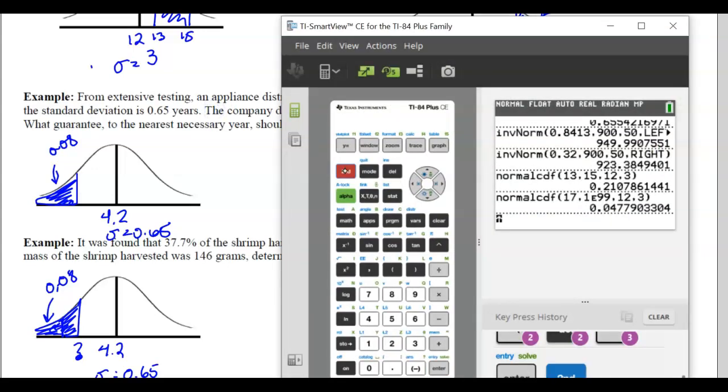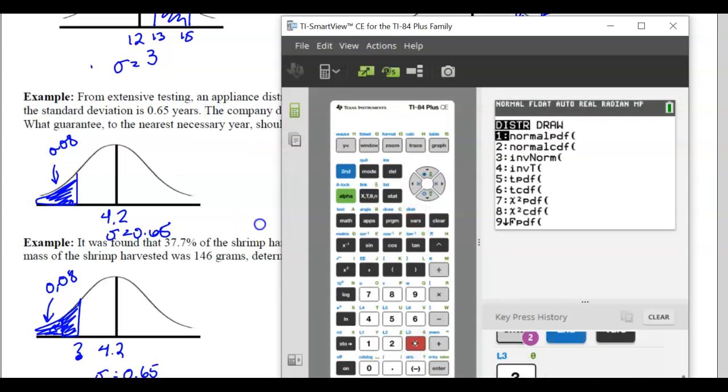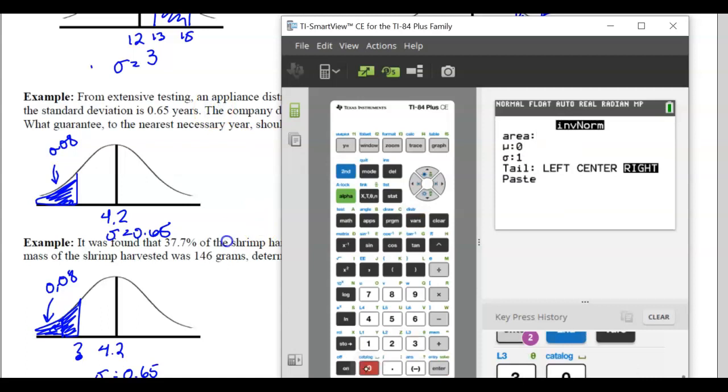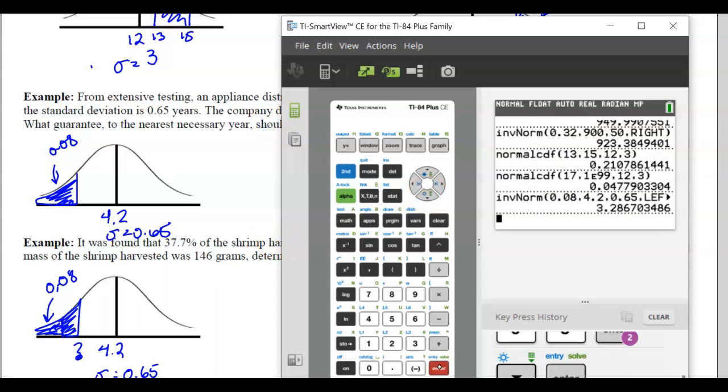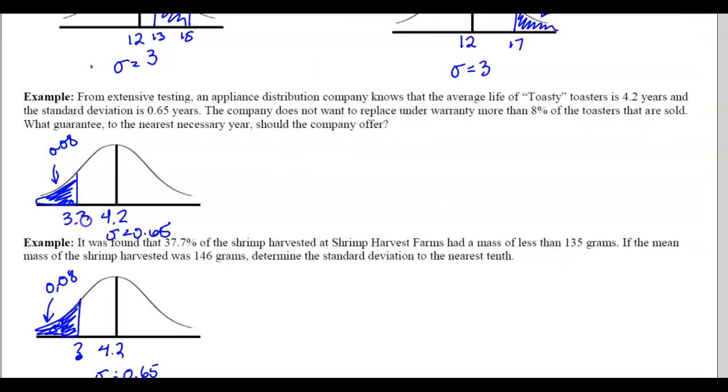So second, distribution, inverse norm, number 3. Area is 0.08. Mean is 4.2, standard deviation is 0.65, and this is to the left. Okay, so 3.3 years.